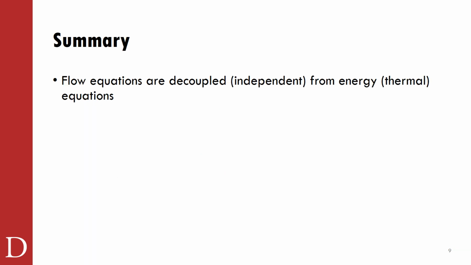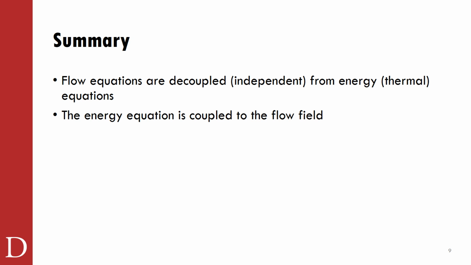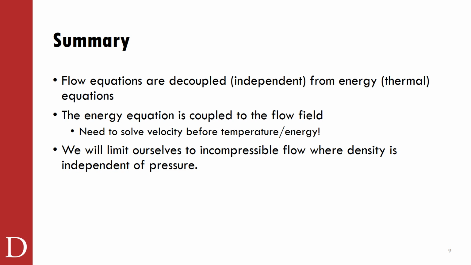So, summary: we have our flow equations, continuity and momentum. They're decoupled from the energy equation, right? The energy equation is coupled to the flow field. So we need our velocities, we need our velocity gradients to find the temperature at points. So we need to solve that velocity first. Then we're going to stick with incompressible flow.